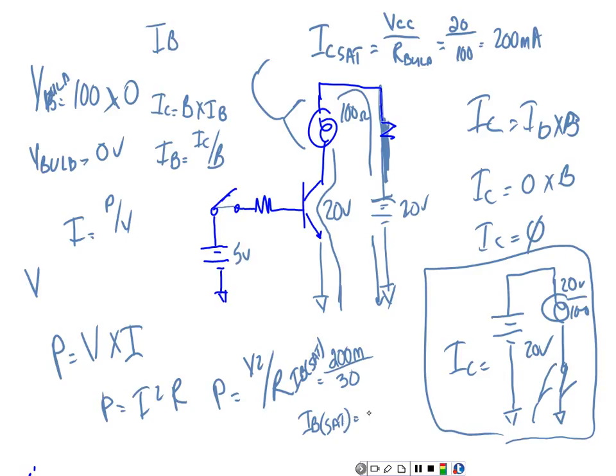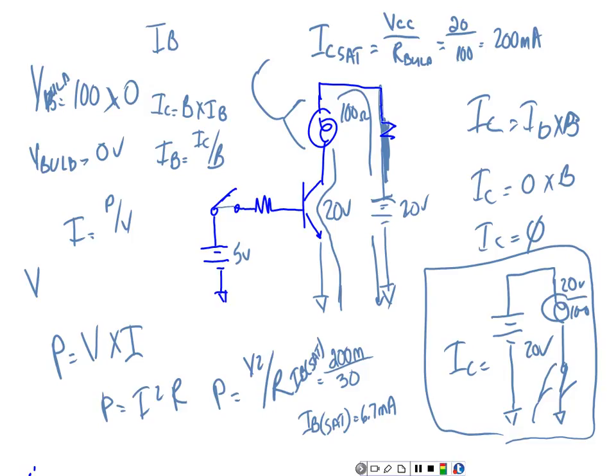So what's my saturated base current that I need? Everybody okay? So we're sacrificing a lot, but I'm still only using 6.7 milliamps to control 200 milliamps, right? You understand that? So my little old switch over here can be rated at 6.7 milliamps to control that 200 milliamps required by my light bulb.